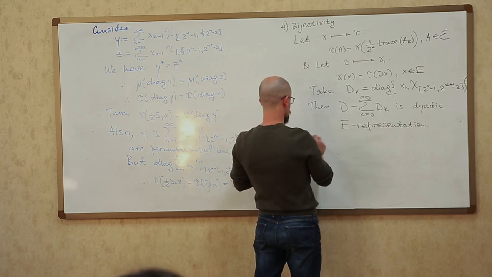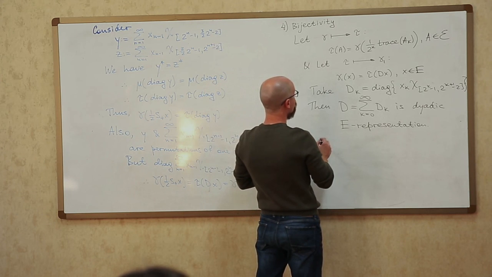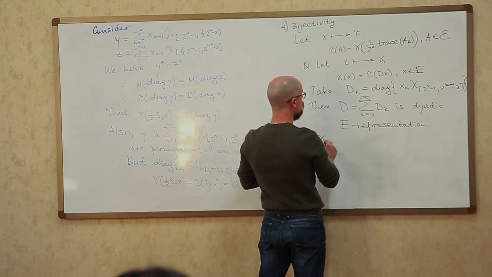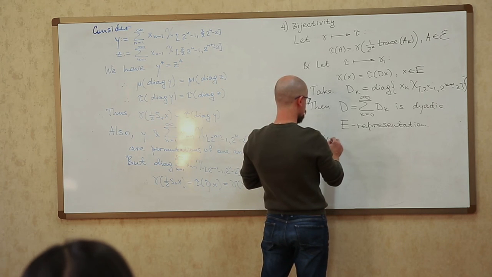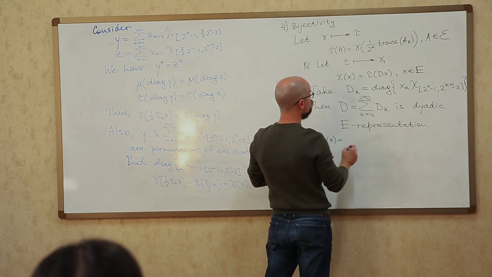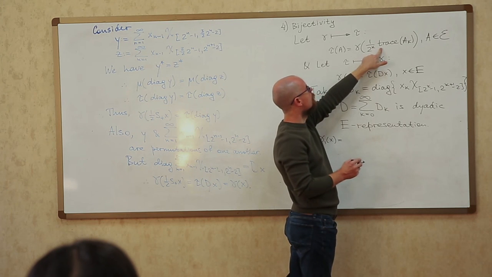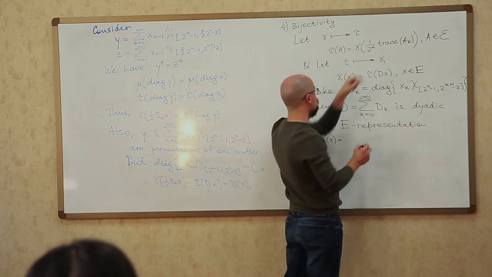Therefore, gamma 1 of x equals tau of dx. So we substitute the d_k's over here.